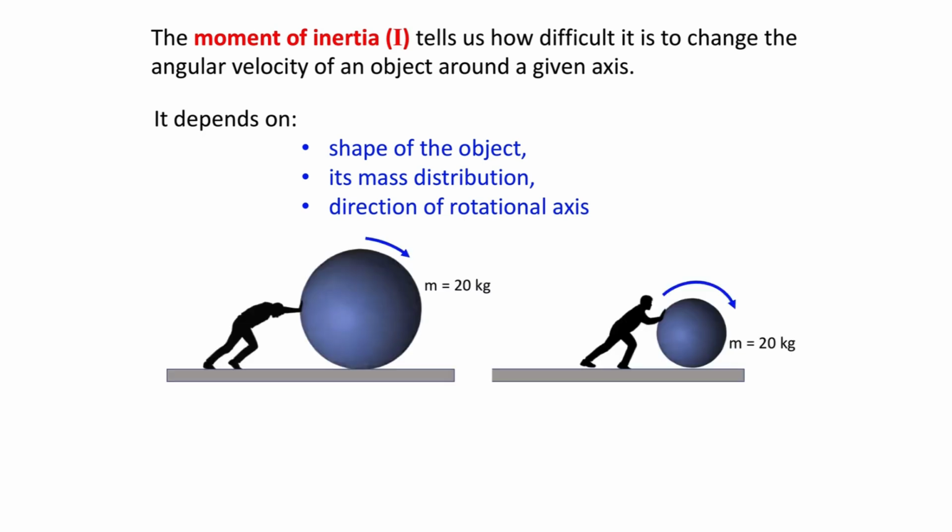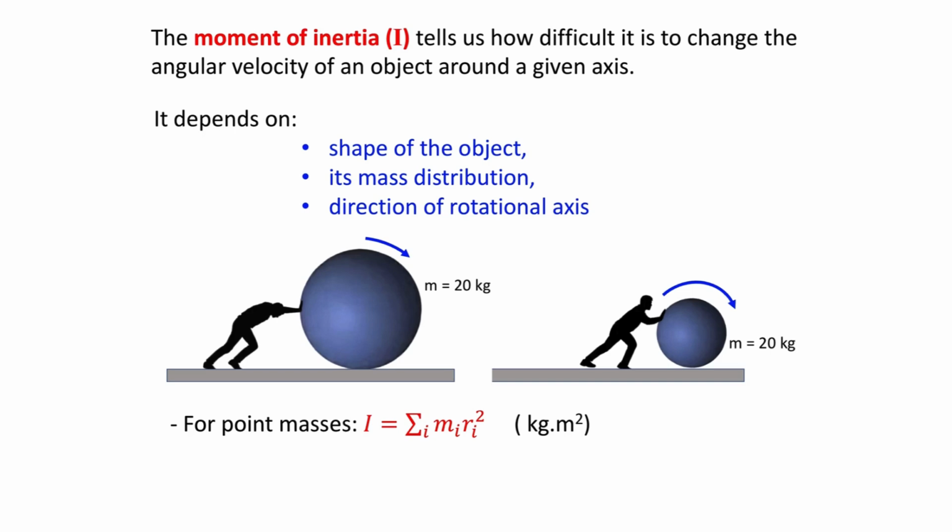Here, as you can see, we have two spheres with the same mass. But since mass distribution in these two spheres is different, we need extra effort to rotate the sphere with a larger radius. But the question is, how can we calculate moment of inertia?